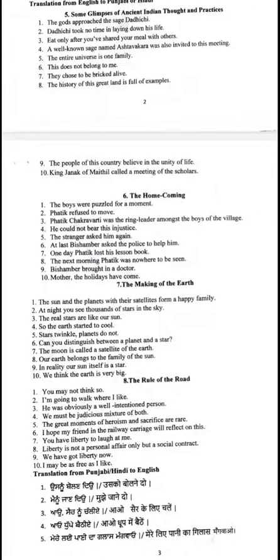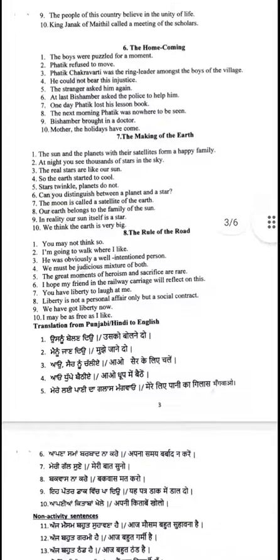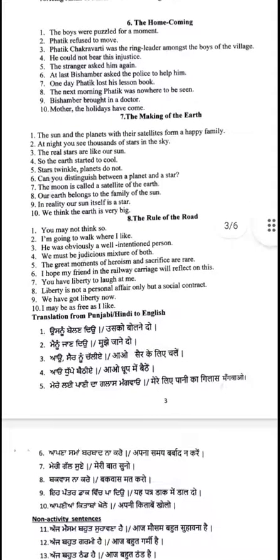Chapter number 5, Some Glimpses of Ancient Indian Thought and Practices. 10 sentences are given from the chapters. 10 from the 5th chapter, 10 from the 6th chapter, The Homecoming, 10 sentences from chapter 7, The Making of the Earth, and 10 sentences are from your chapter, The Rule of the Road. So total 40 sentences are from English to Punjabi or Hindi.